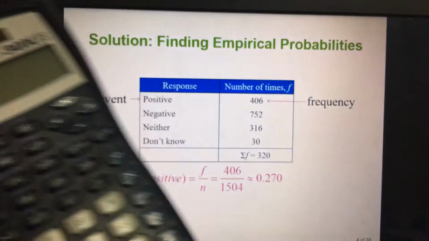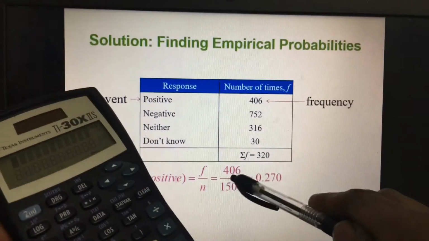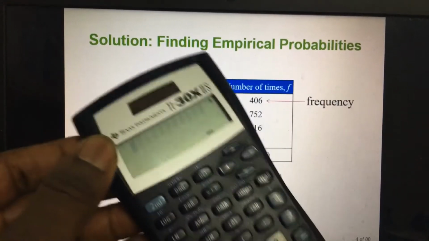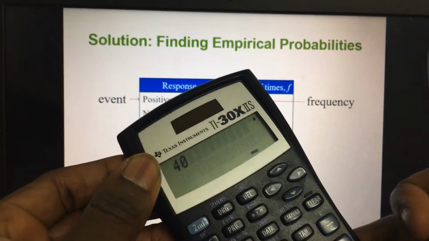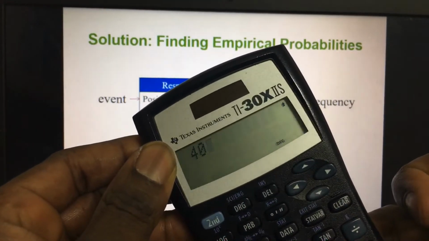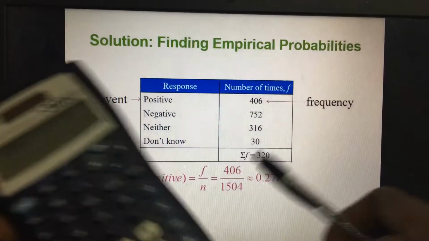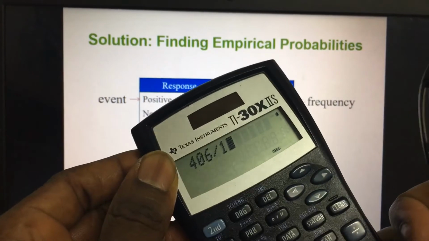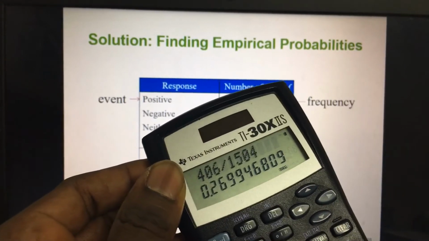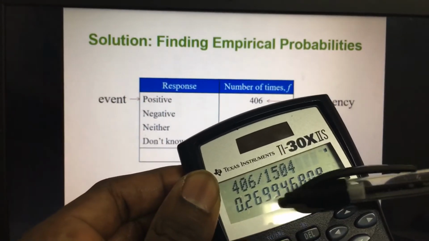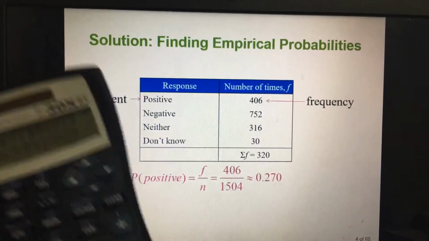I have 406, divided by 1504, and that gives us 0.269. So when you round it, you give it 0.27 right here. Okay, so we have answered the question.